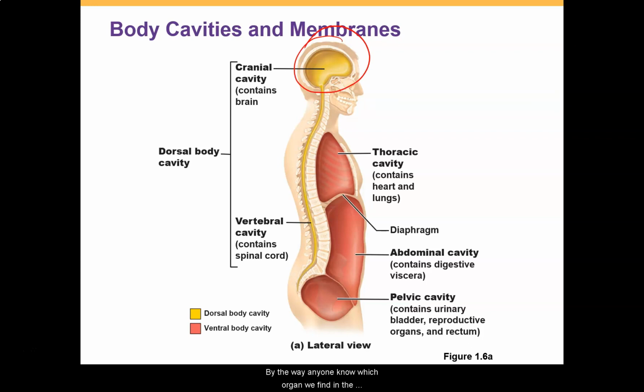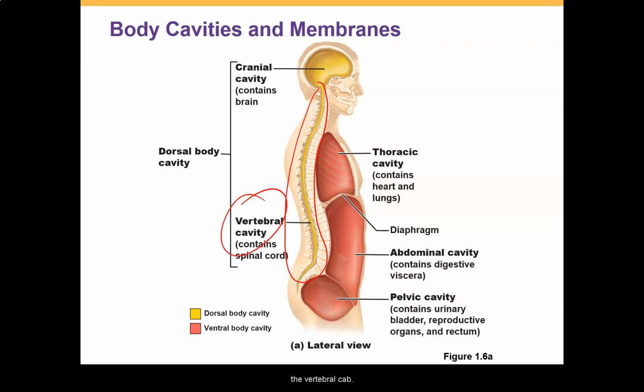By the way, anyone know which organ we find in the cranial cavity? That's right, the brain. The dorsal body cavity also contains this cavity known as the vertebral cavity. And the vertebral cavity contains the spinal cord.